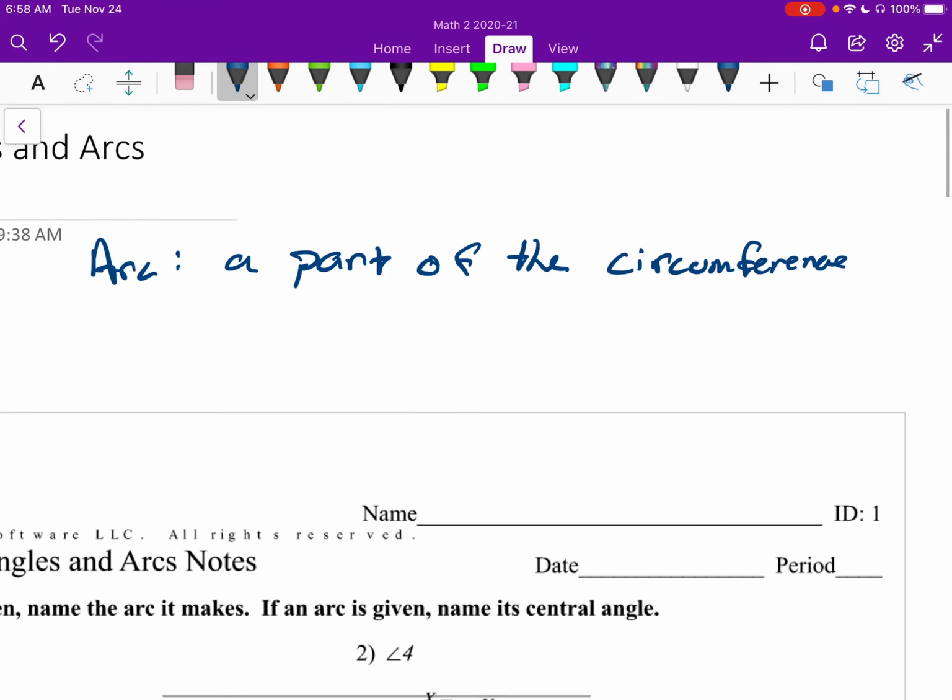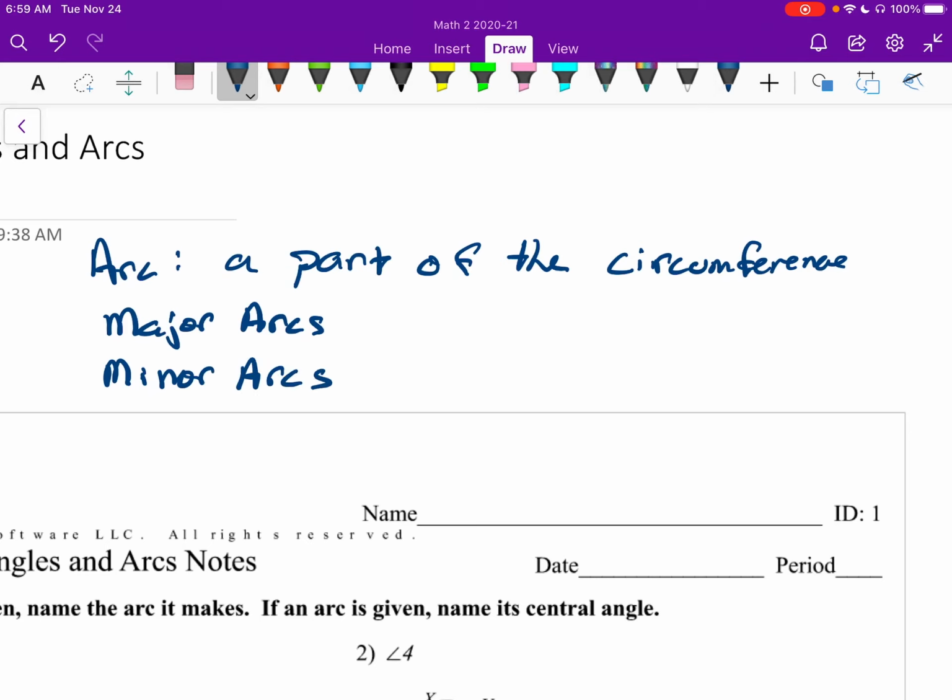So arc. Within the realm of arcs, we have major arcs and minor arcs. Major arcs are big arcs, minor arcs are small arcs. Major arcs are more than half a circle, and minor arcs are less than half a circle.